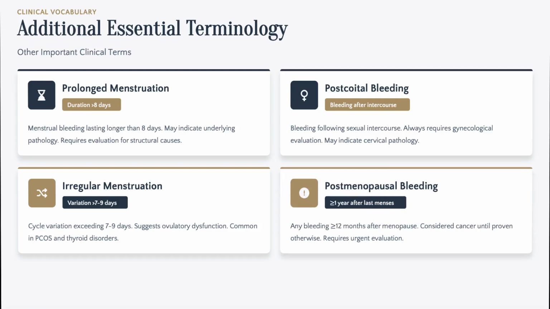This is defined as any bleeding occurring 12 months or more after the last menstrual period. This is critically important because postmenopausal bleeding is considered cancer until proven otherwise and requires urgent evaluation. We'll discuss this in detail when we cover special populations.